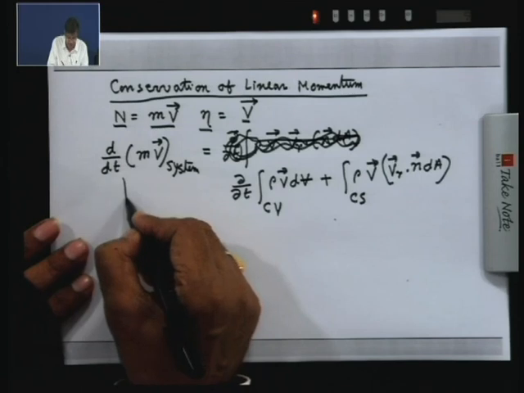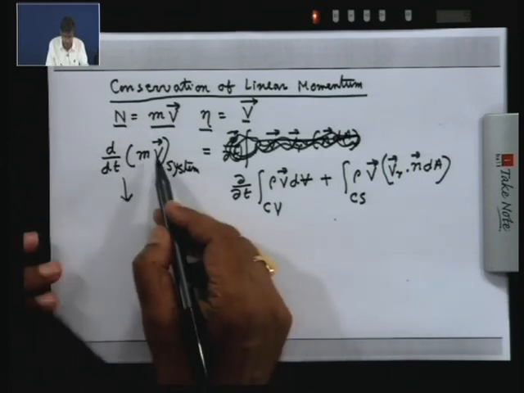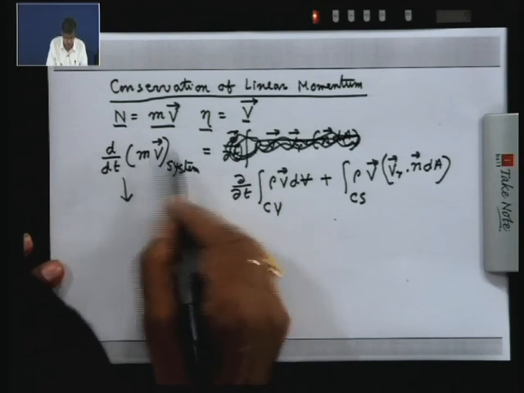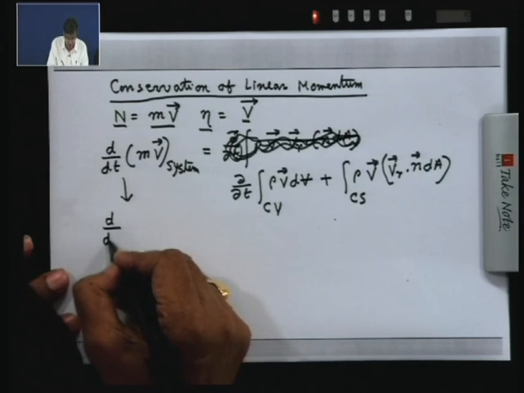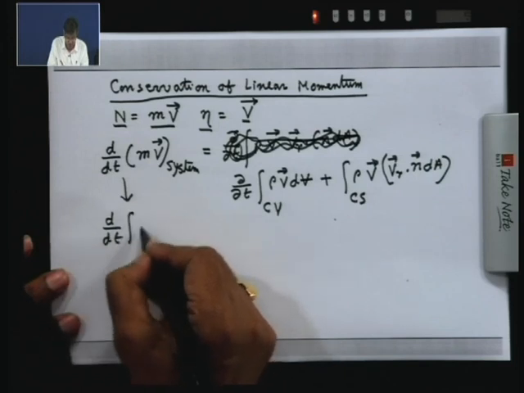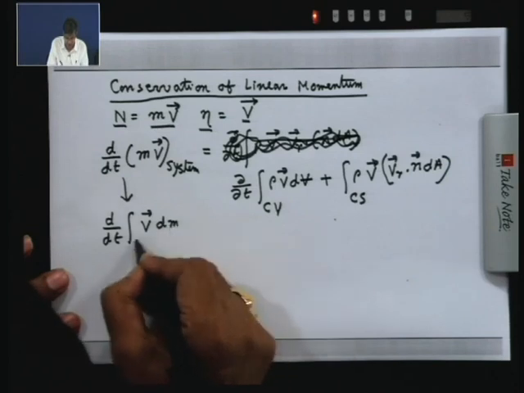Left-hand side can also be written in consideration of the fact that the velocity is varying within the system. One can write this as V bar. This is another way of writing this in this system.